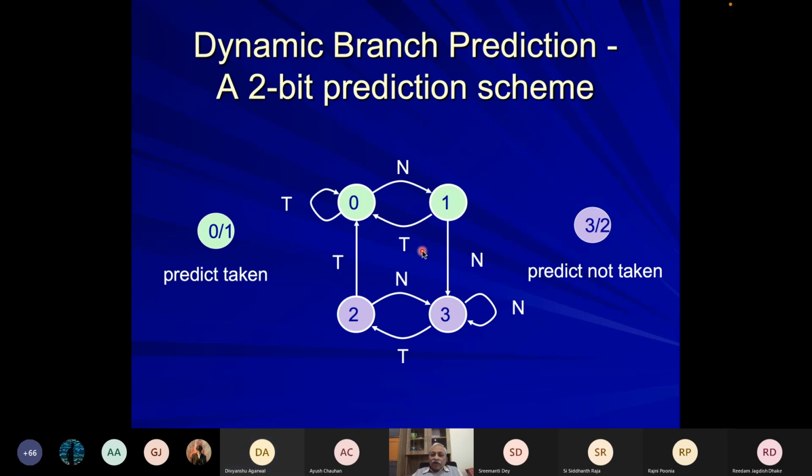No. What I'm saying is, if you start with state 2 or 3, if this automaton starts in state 2 or 3 initially, and you are getting branches very often, it may be mispredicting initially, but then it'll correct itself.